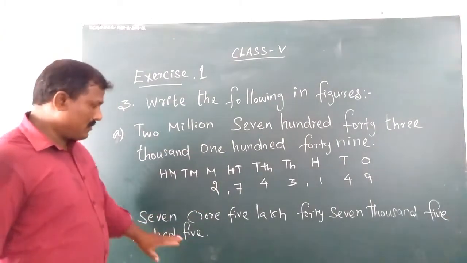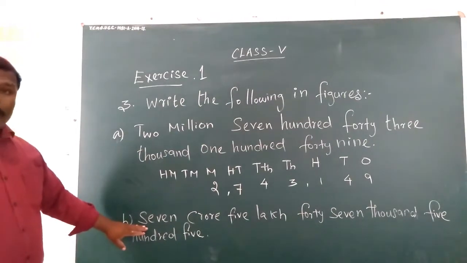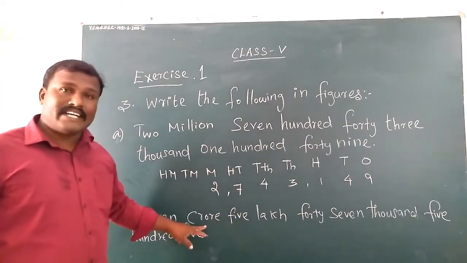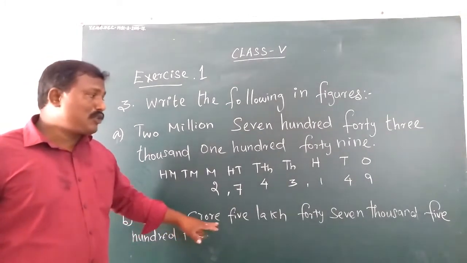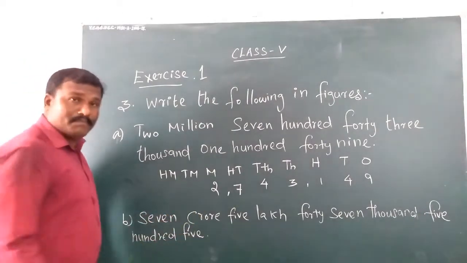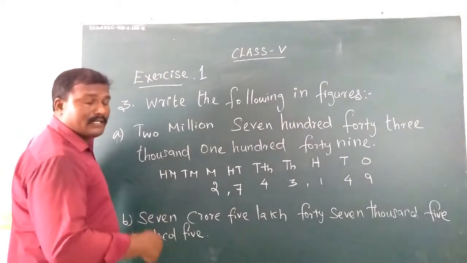Okay. Now take the second example: 7 crore, 5 lakh. Words like lakh and crore come in the Indian number system. So now I want to convert into numeral form. I am going to draw the Indian number system and its place values.